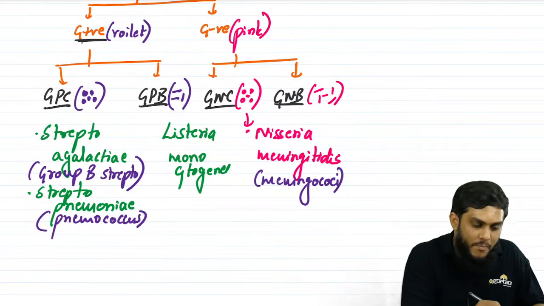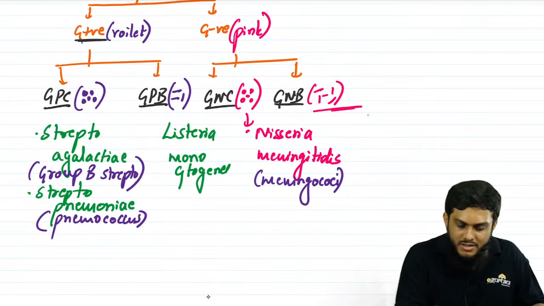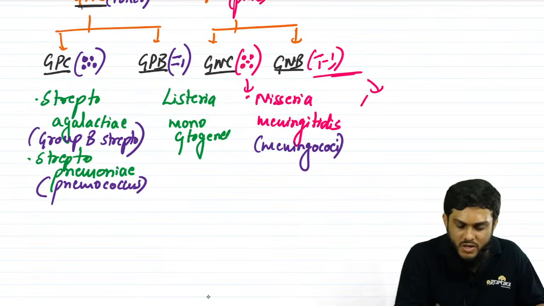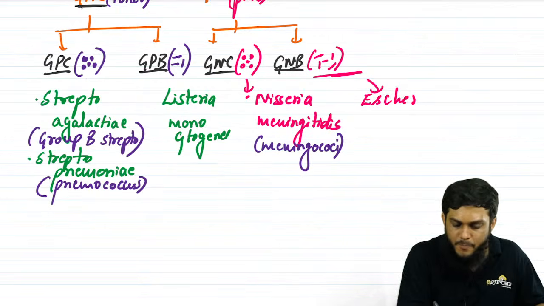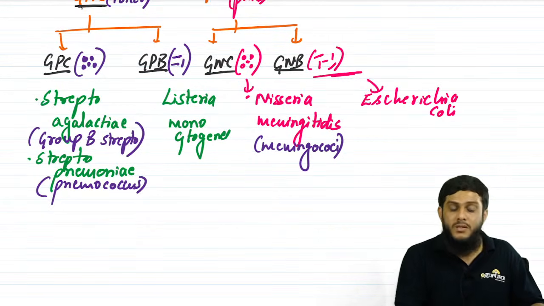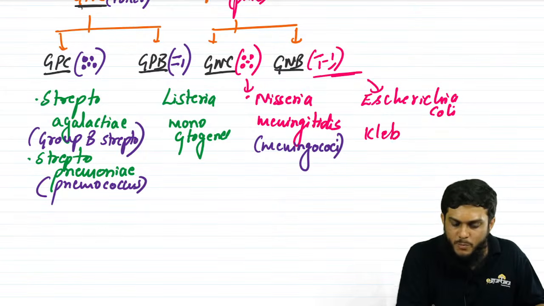And if we talk about gram-negative bacilli, the three important gram-negative bacilli which can cause acute bacterial meningitis, first one is Escherichia coli, that is E. coli. Second one is Klebsiella pneumoniae.